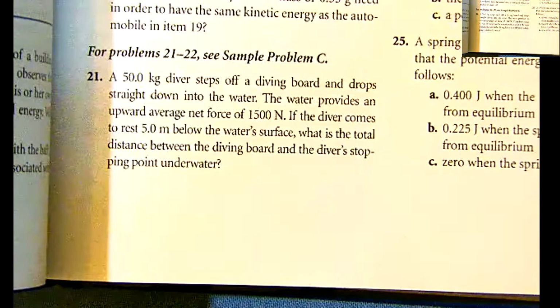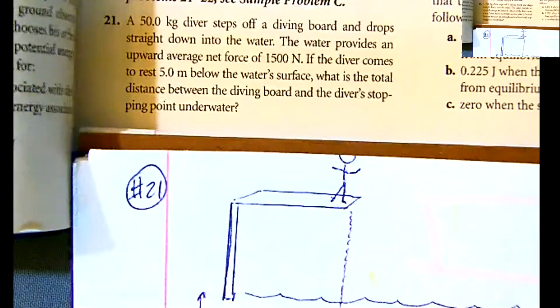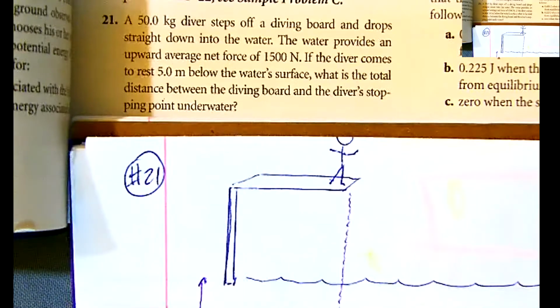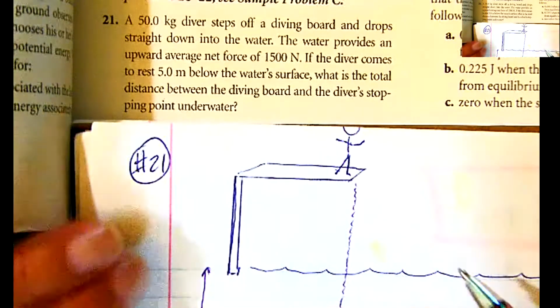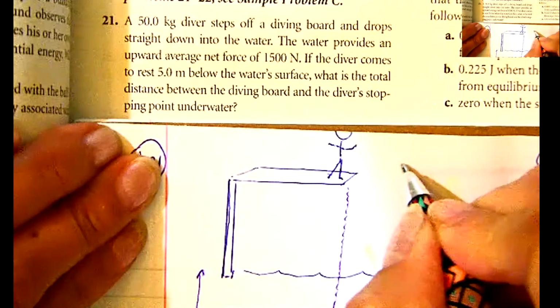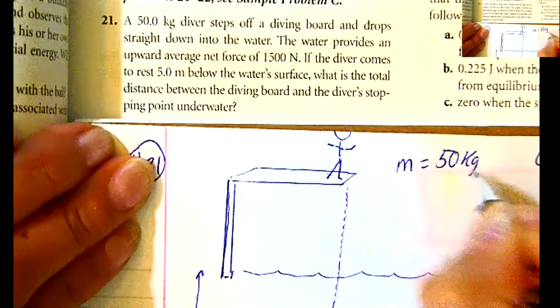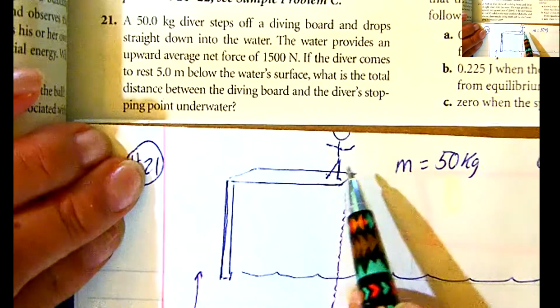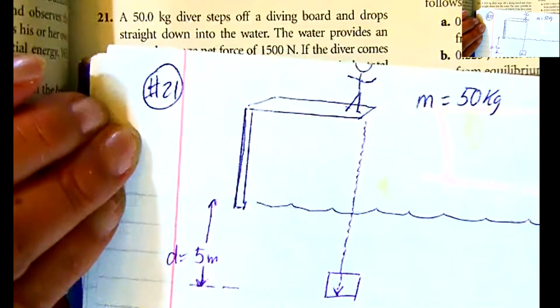I'll try to show you the picture that I came up with. All right, here's my picture. I have a diver on the board, and I didn't write this down, but the mass of the diver is 50 kilograms. He steps off the diving board and drops straight into the water. Can't see the water here all the way down.